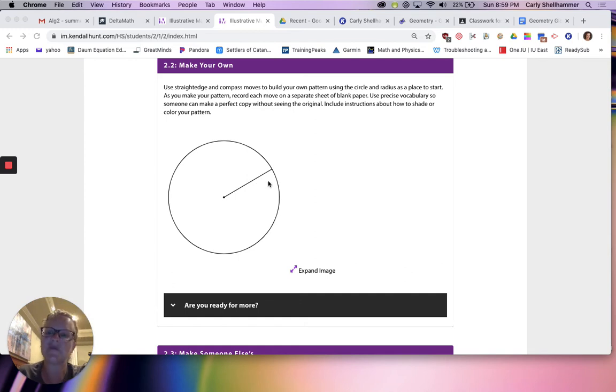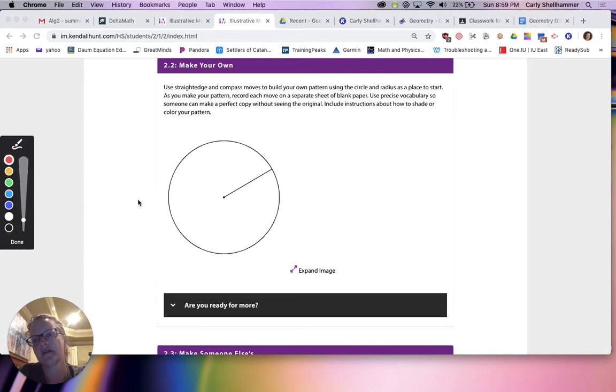We can't. We're digital. So we would take our straight edge, which is the same thing as our ruler, and measure from here to there. We would measure from here to there. And we would just on our piece of paper make a dot and make the same measurement. So as long as those segments are equal, we would be good.